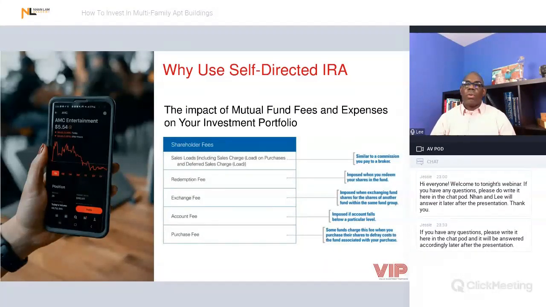And one of the things people talk about is that there's a lot of risk in doing this. I also say that there's a tremendous amount of risk if you're invested in the mutual fund. And one of the things that I like to share with them is that there are a tremendous number of fees that are going to erode your investment capital and your principal, right?